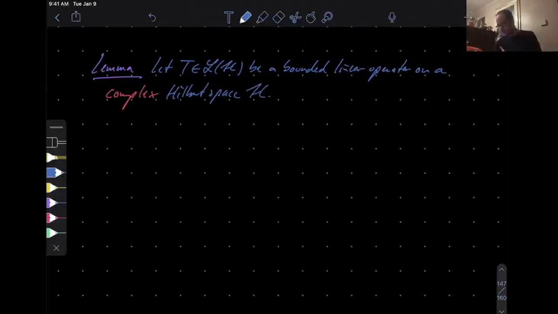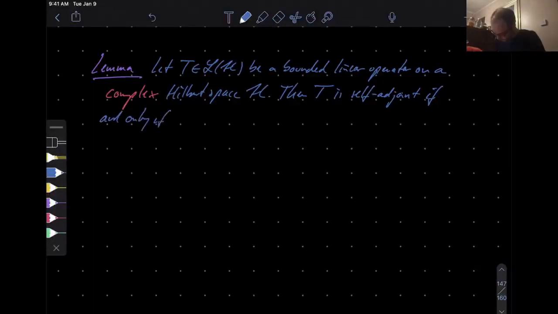Over the real number field, this will fall apart. It's not true. Then T is self-adjoint if and only if all these inner products, Tx comma x, are real for all vectors in the Hilbert space. Okay, that's the statement.